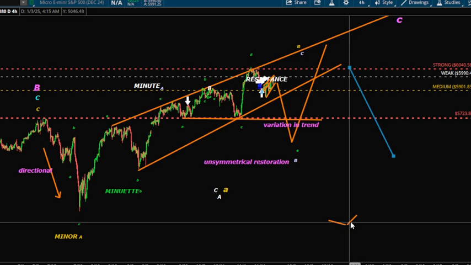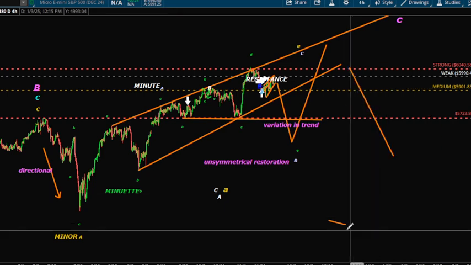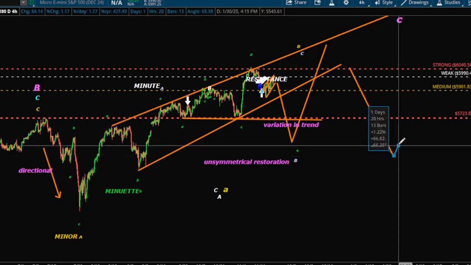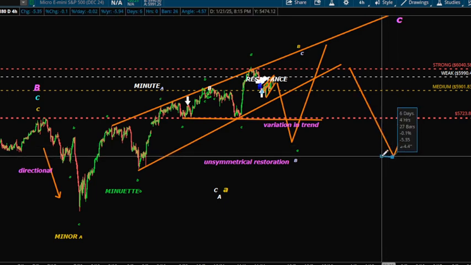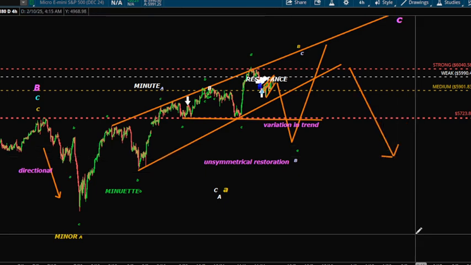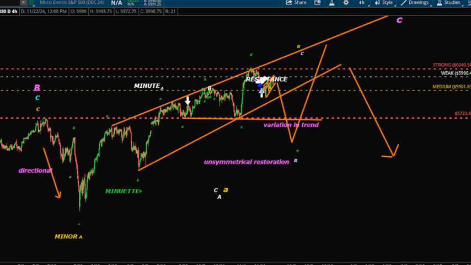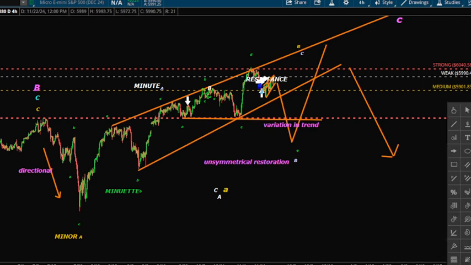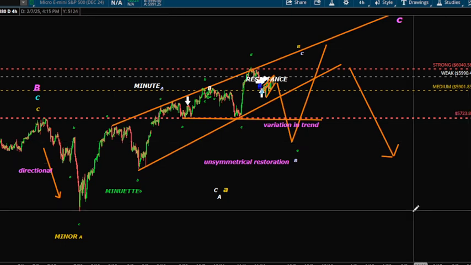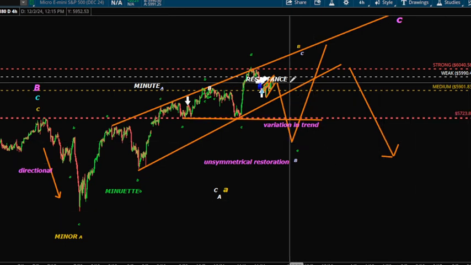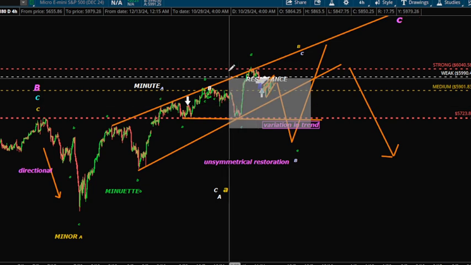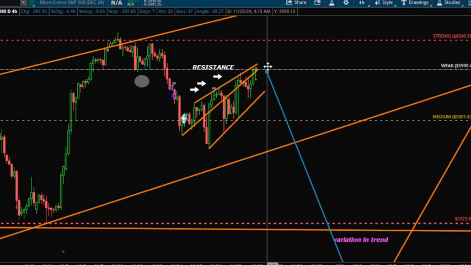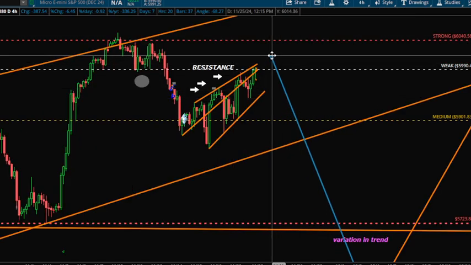And then we get a move down. I just think that we are going to move up a little bit more. I don't think this move is done quite yet.